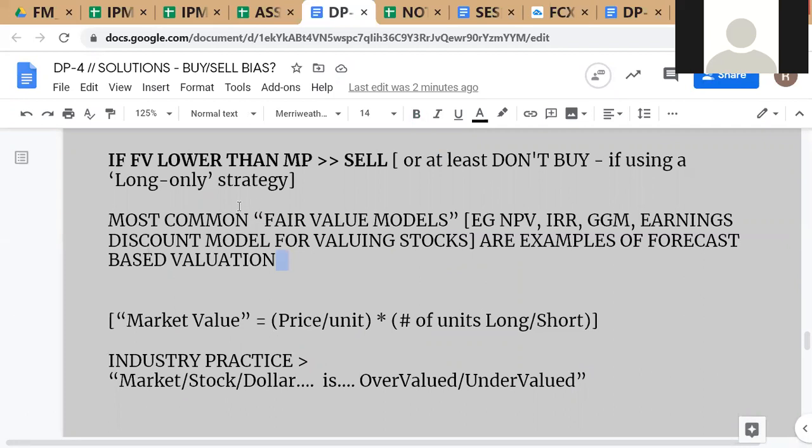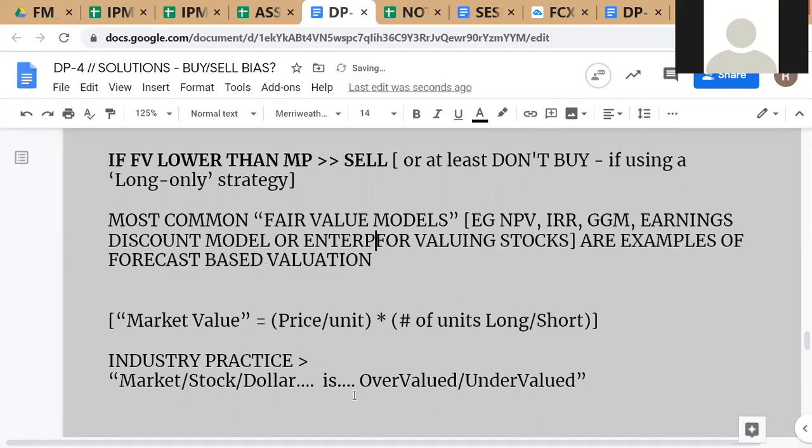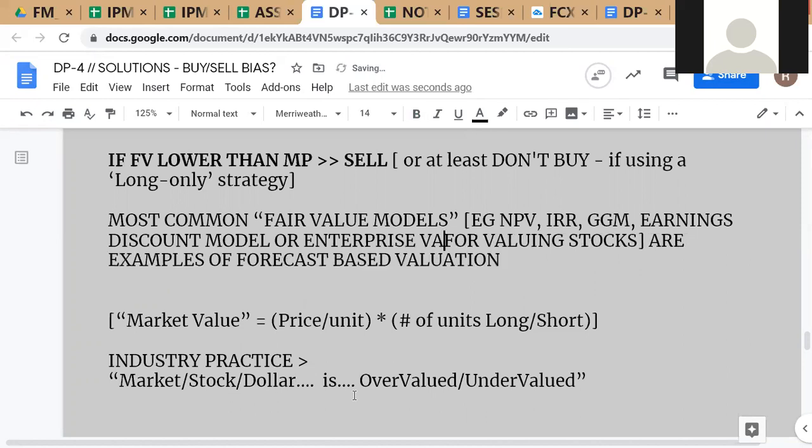Instead of saying forecast models, the correct term to use is actually fair value models. And you should understand that the most common ones are the earnings discount model, and a very common model which you see in M&A work, enterprise value models.